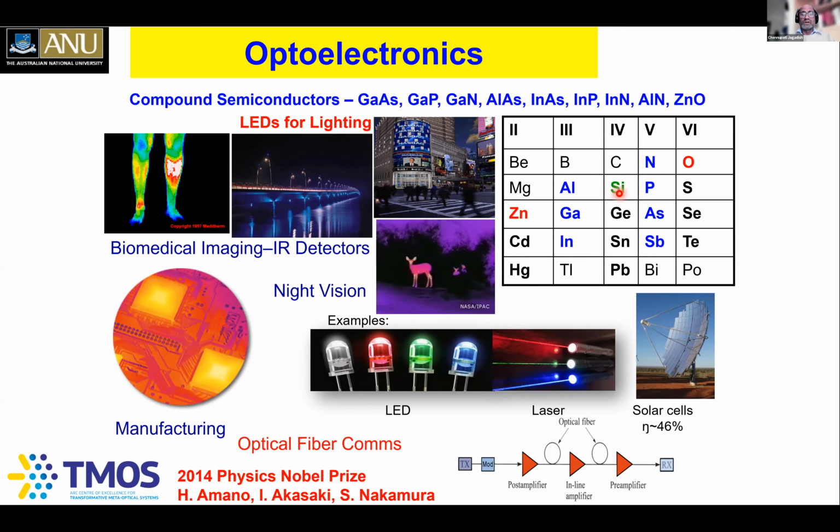But in the case of optoelectronics, we are converting electricity into light, like LEDs and lasers, and conversion of light into electricity using photodetectors, for example, and solar cells as well. So that's what optoelectronics is: conversion of electricity into light, or conversion of light into electricity. Typical optoelectronic devices are lasers and LEDs and photodetectors, solar cells.